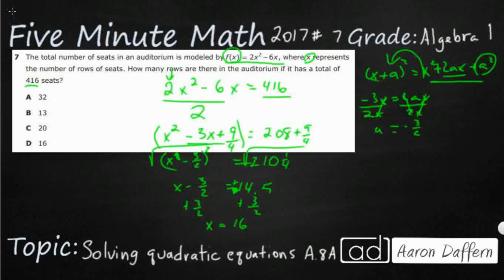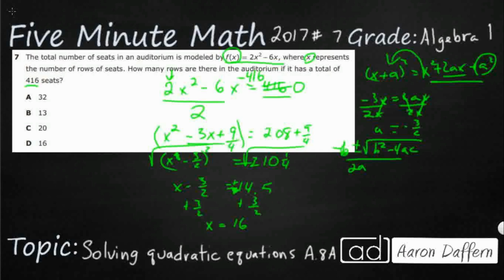The other way to do it would be the quadratic formula, right? So it is negative b plus or minus the square root of b squared minus 4ac, over 2a. Now we need to bring this 416 over, so that's going to be minus 416 equals 0. And then let's plug in the numbers here.